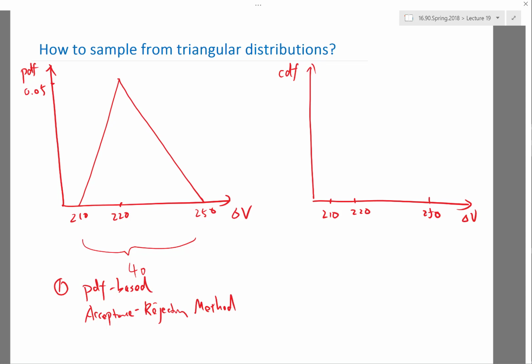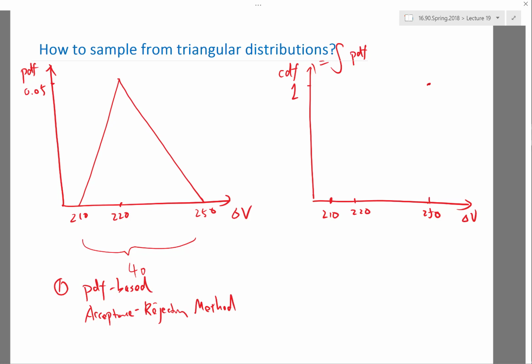Because the triangular distribution is piecewise straight lines, the CDF, which is the integral of the PDF, would be piecewise parabolas. You start from 0 at 210 because the PDF is 0 before that. You get to 1 at 250 because that's the entire mass of the PDF.